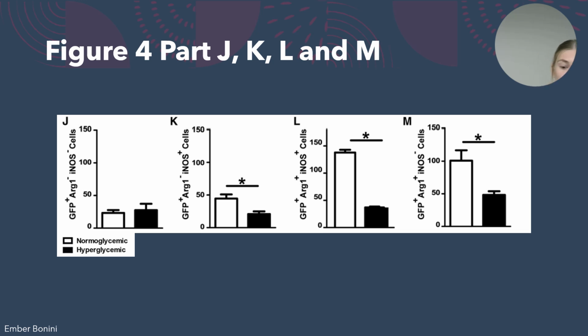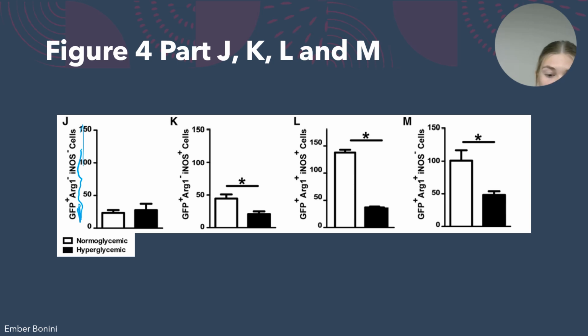And when we go right into this slide, GFP is the acronym in this first part. So we have our green fluorescent protein, arginase 1, our inducible nitric oxide synthase, and then cells just because that's what they are. And when you are looking at these different histograms, between J, K, L, and M, what's really important to note is where the positive and negative signs are on each of the y-axes.